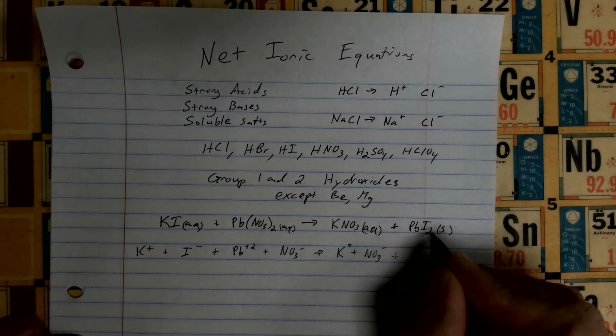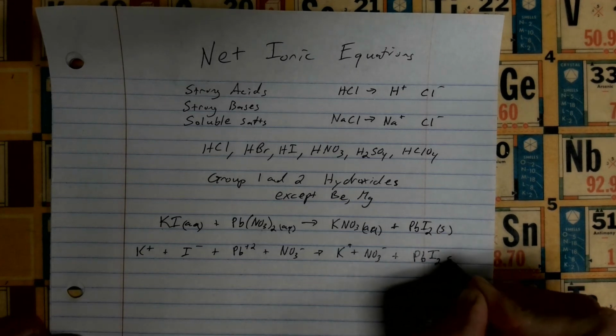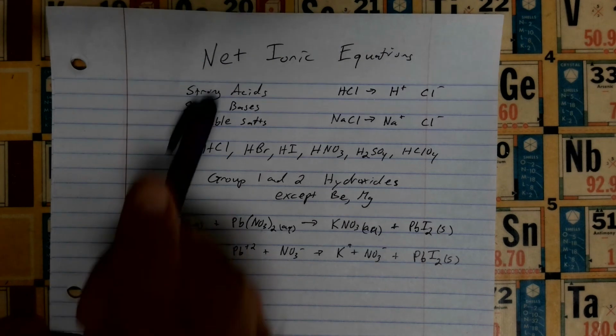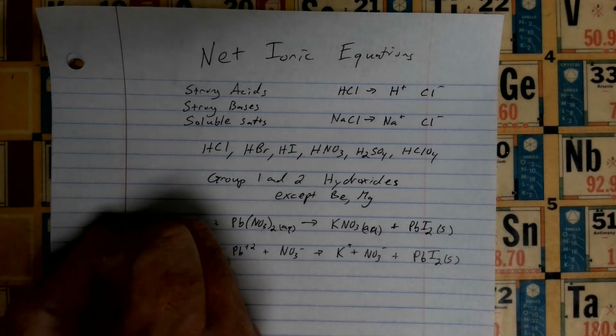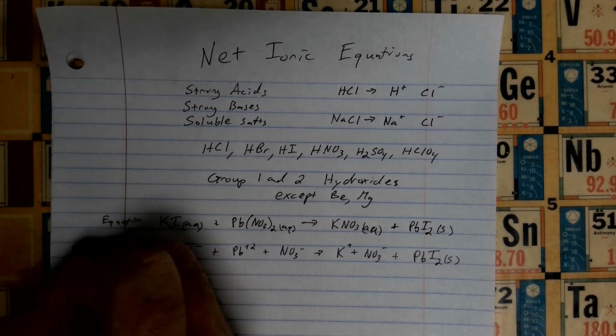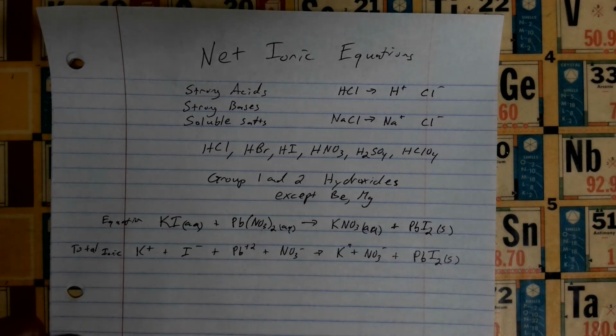And since this is solid, I cannot break it apart. I can't break apart solids or liquids. The only things I can break apart or dissociate are the strong acids, strong bases, and soluble salts, if they're in aqueous solutions. This would be the total ionic equation. So this is all of the ions.